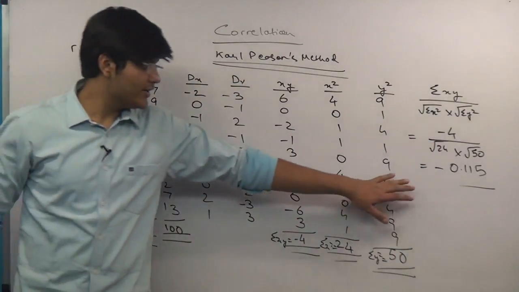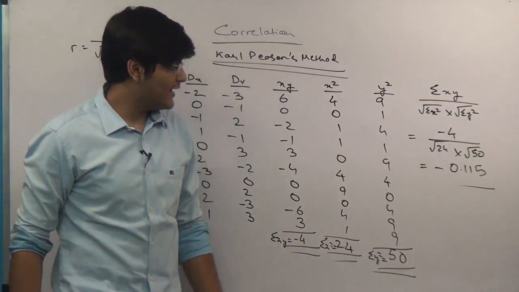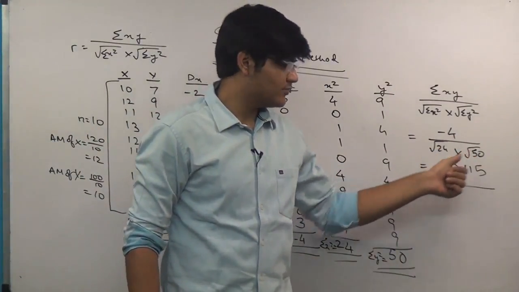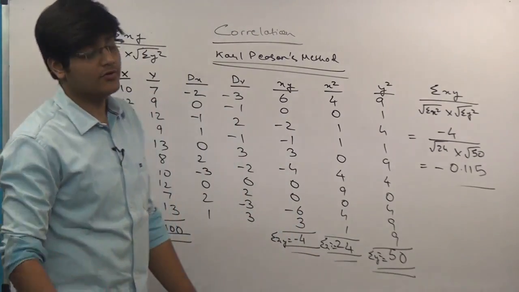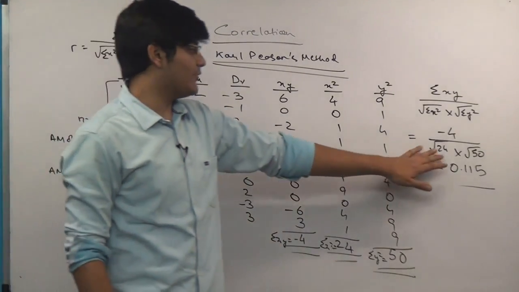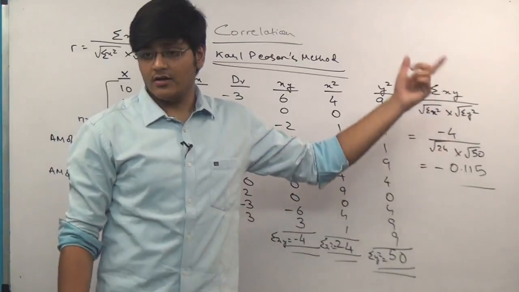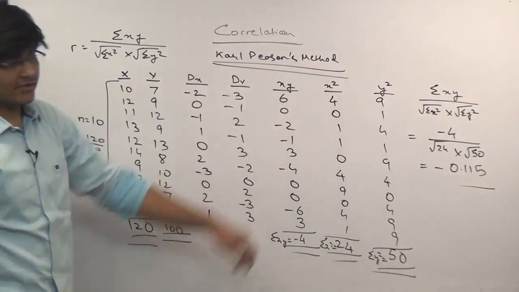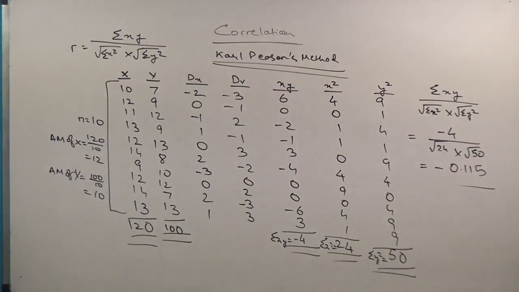I've used a calculator here, that's why direct method, but you can use the long method also. If you are not permitted to use a calculator, I'd recommend you multiply 24 into 50, use the manual method for calculating the roots, factorial methods.